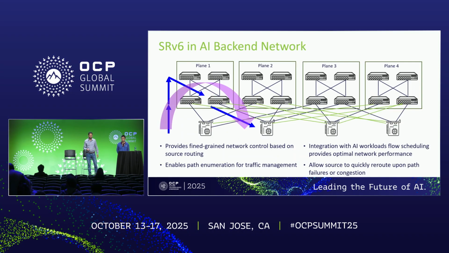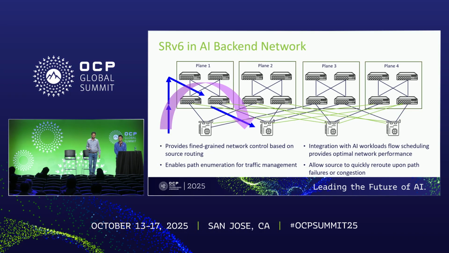The solution to our challenges is that we are using SRv6 for the AI backend network. SRv6 has been standardized for many years now, with data plane support available in most merchant silicon. Being a source routing protocol, SRv6 helps us define a fine-grained path, which helps us use the network bandwidth in the most optimal way.